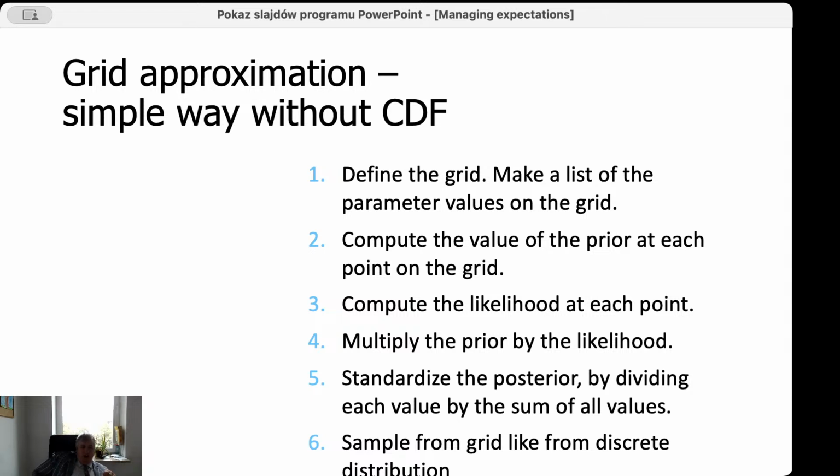So represent our probability density function as some kind of probability mass function computed by values at a grid using appropriate normalization. And we can sample from that grid, considering it as a discrete distribution, the probability mass function. Unfortunately, this comes with the old problems that we mentioned before with dimensionality.